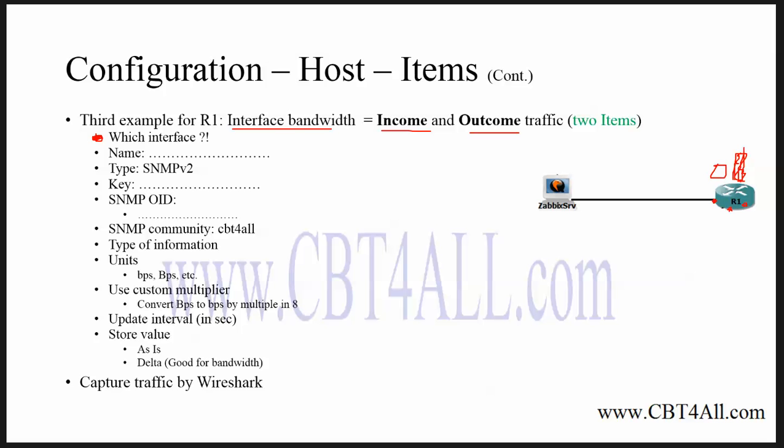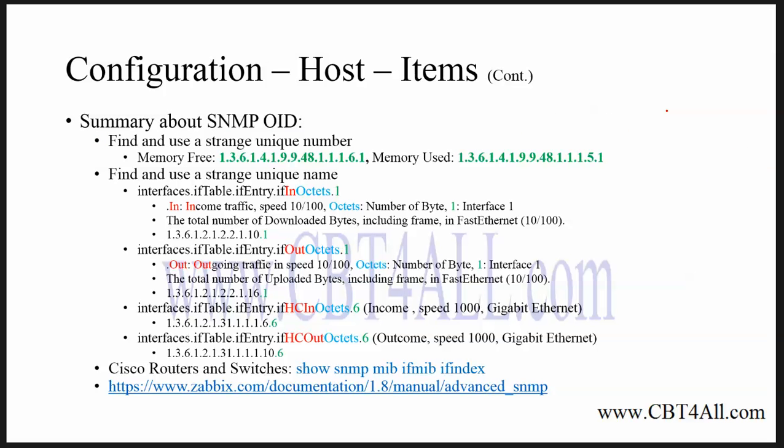To explain that, we have to have more information about the SNMP structure. When we talk about, for example, memory usage, we have only one standard SNMP OID. The same for CPU usage, memory usage, CPU idle, memory idle, everything.